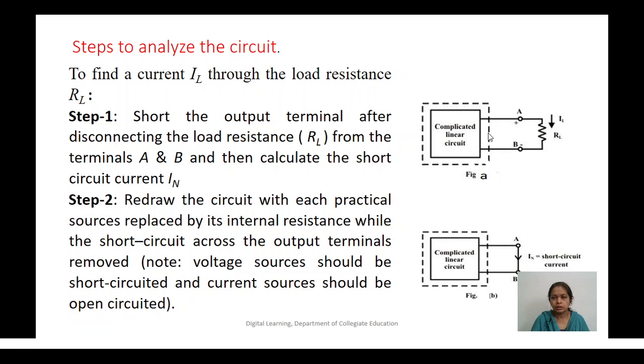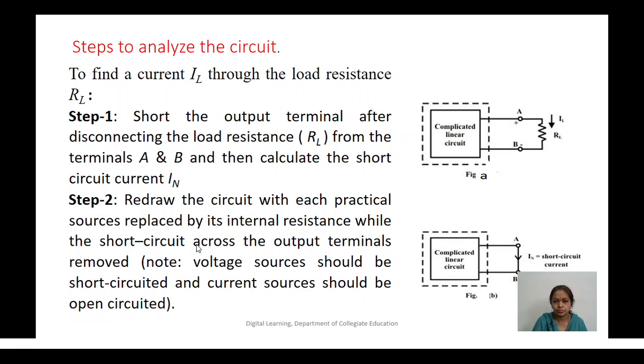So first step is remove the load and short A and B. Short means just connect them by a wire of negligible resistance. Remove the load and short A and B. Then calculate the short circuit current IN. This short circuit current is called the Norton's current.